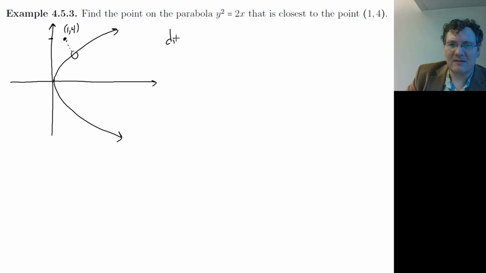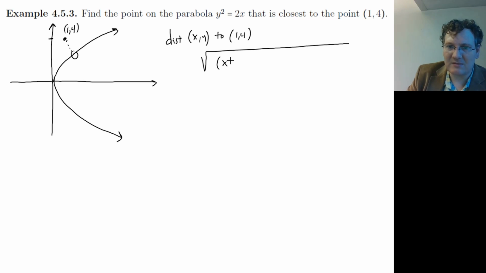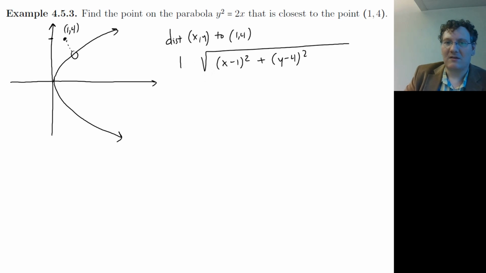Well, the distance between some point x, y and the point 1, 4 is the square root of the difference in x's, so it's x minus 1 squared plus y minus 4 squared. So we're trying to minimize this distance. I'll call this d.